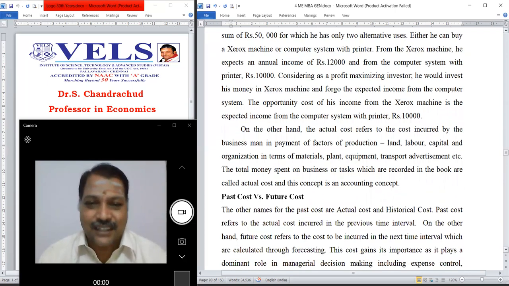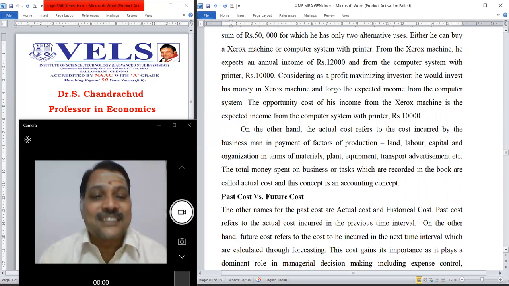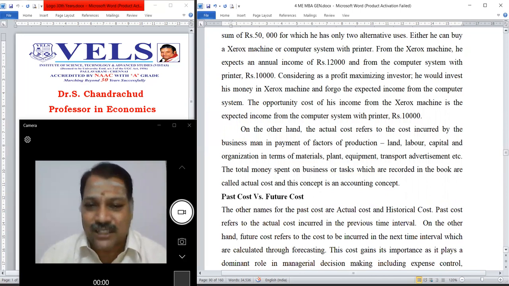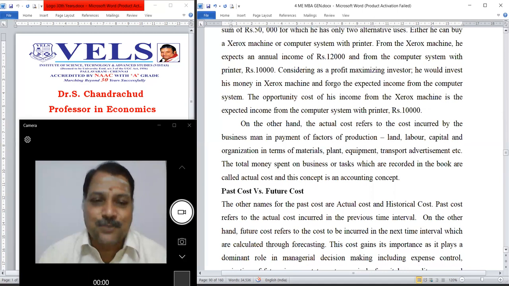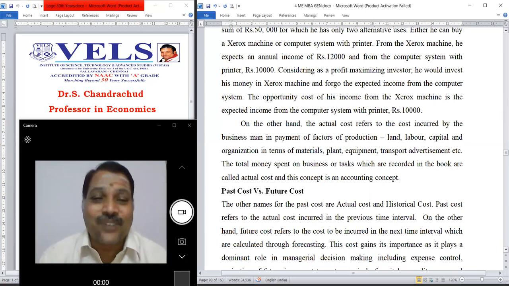On the other hand, the actual cost refers to the cost incurred by the businessman in payment of factors of production, land, labor, capital, and organization, in terms of materials, plant, equipment, transport, and advertisement expenditure. The total money spent on business or tasks which are recorded in the books are called actual costs, and the concept is called the accounting concept.